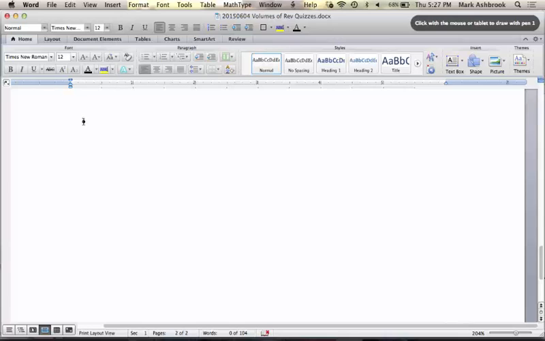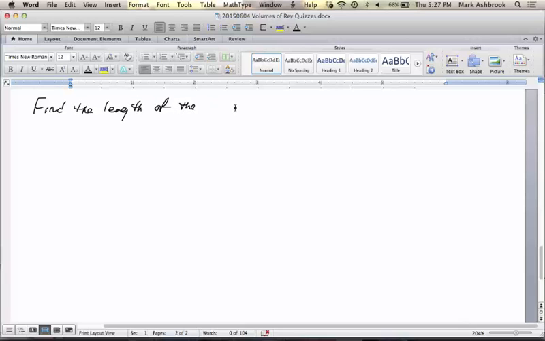So, we're going to find the length of the curve y equals 6x to the 3/2, from 0 less than or equal to x less than or equal to 1.